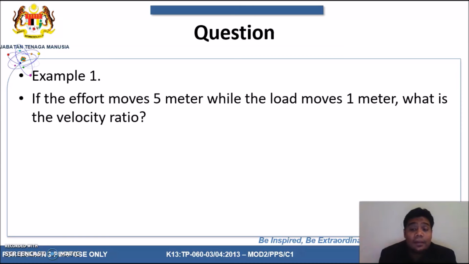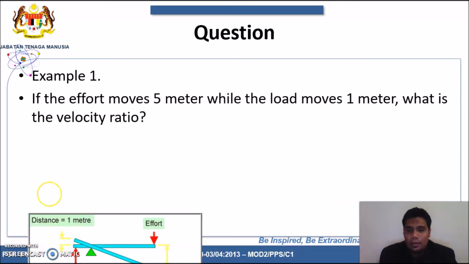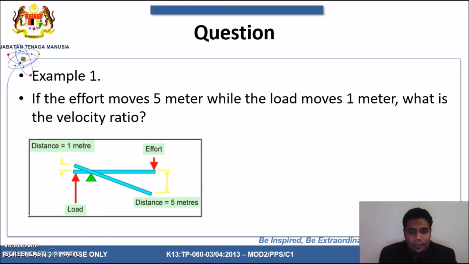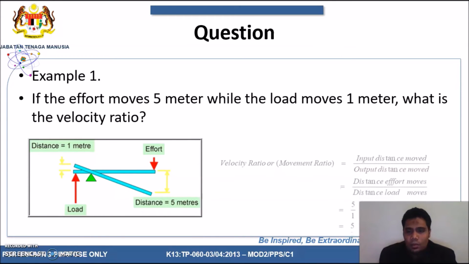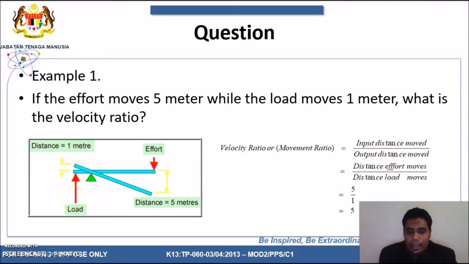So the input is the effort. So 5 meters over 1 meter is equal to 5. Okay, effort 5 meters, load 1 meter, so equal to 5. There is no unit.